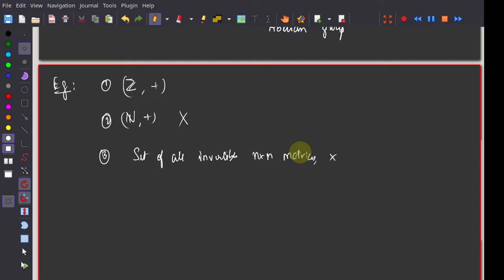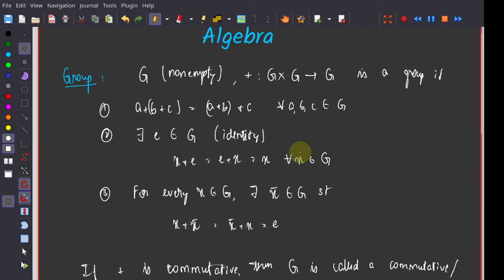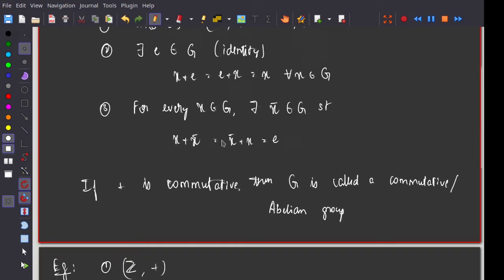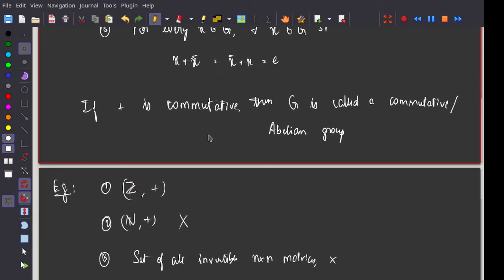Is everyone convinced that this is a group? Matrix multiplication is associative, so there's no issue over there. Identity, it is the identity matrix, and every matrix is invertible, so an inverse always exists. And matrix multiplication in general is not commutative.